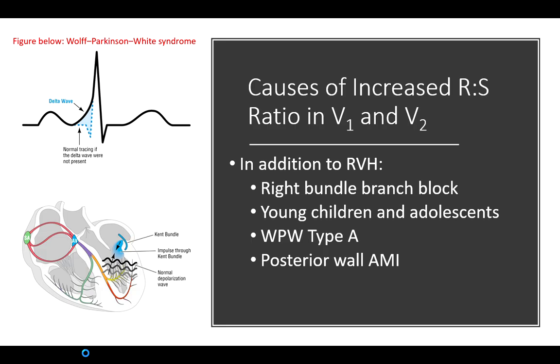Now, in Wolff-Parkinson-White type B, this QRS complex, we're still going to see this slurred R wave. However, it's going to be negative in V1 and V2. And when that's the case, the Kent bundle, which we see right here, actually might be over on this side of the heart. The Kent bundle may be on the right side of the heart.